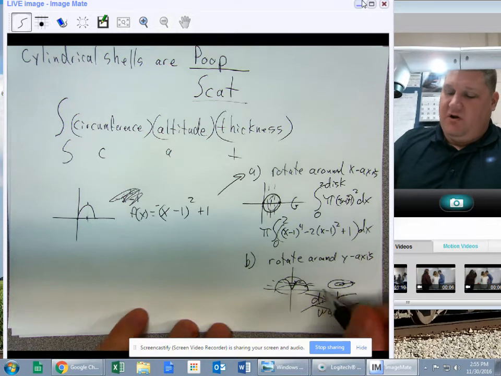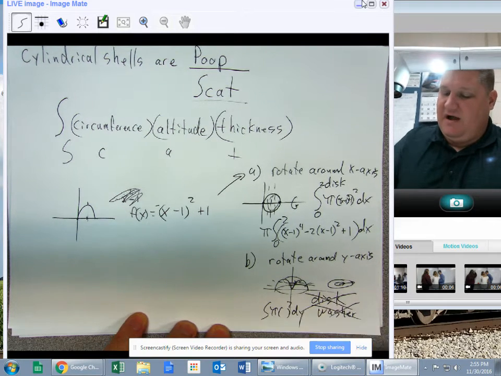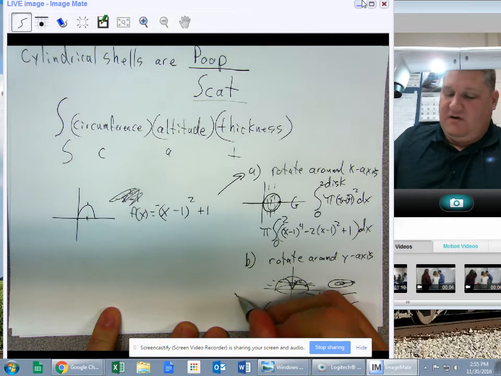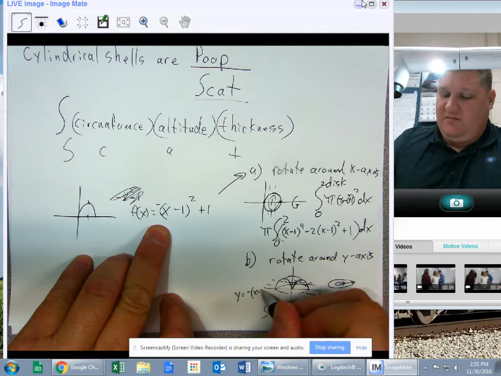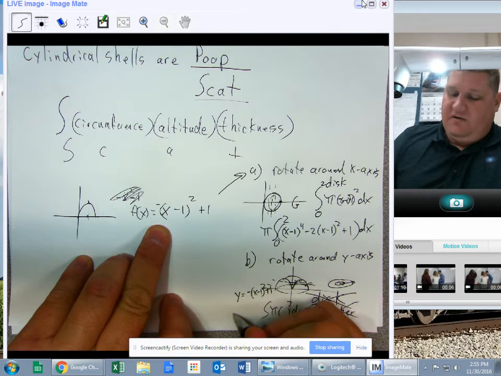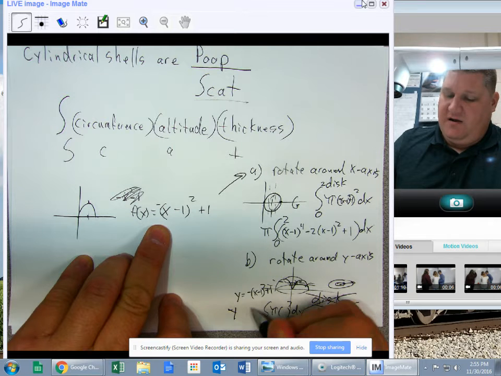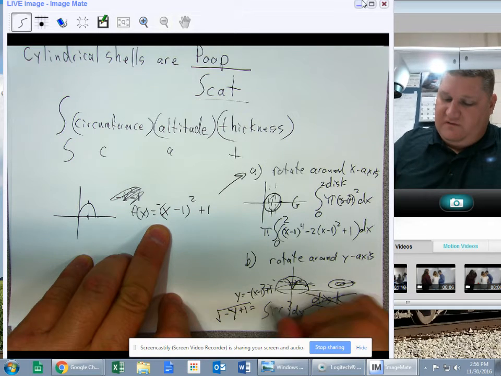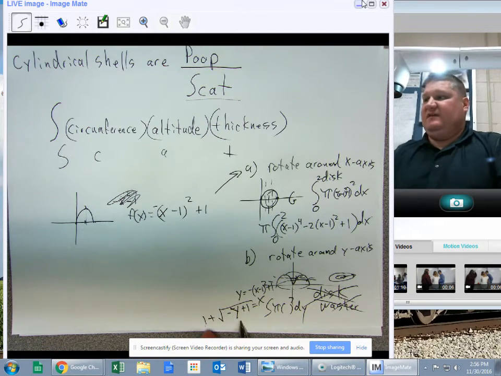Additionally, if I were to do the disk method, pi something squared dy, I have to change this monster into something in terms of y. So I'd end up with y equals negative (x minus 1) squared plus 1, so negative y plus 1, square root equals x minus 1, and then I have to add 1 to both sides, and that's nasty.